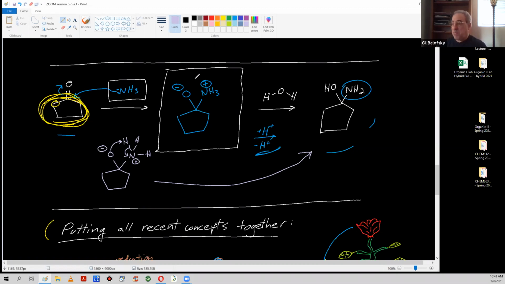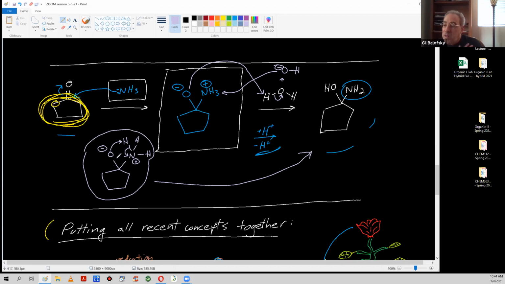Or it could happen in 2 steps. You could protonate the oxygen first, which creates an OH minus from the rest of the water. Then the OH minus can go and grab one of these hydrogens in a second step to completion. But the reason I think that possibly this is more likely is because they're right next to each other.